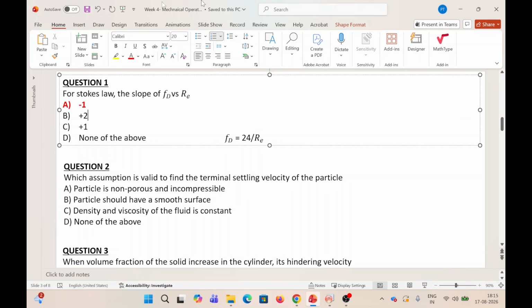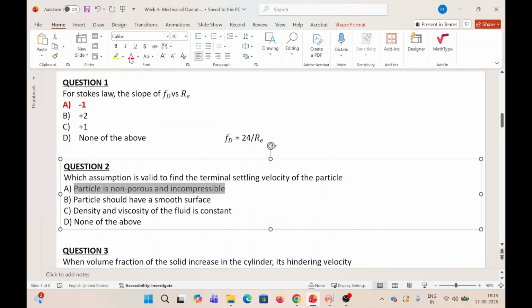So two options are going to be correct. One is option A, and another one is going to be option C.